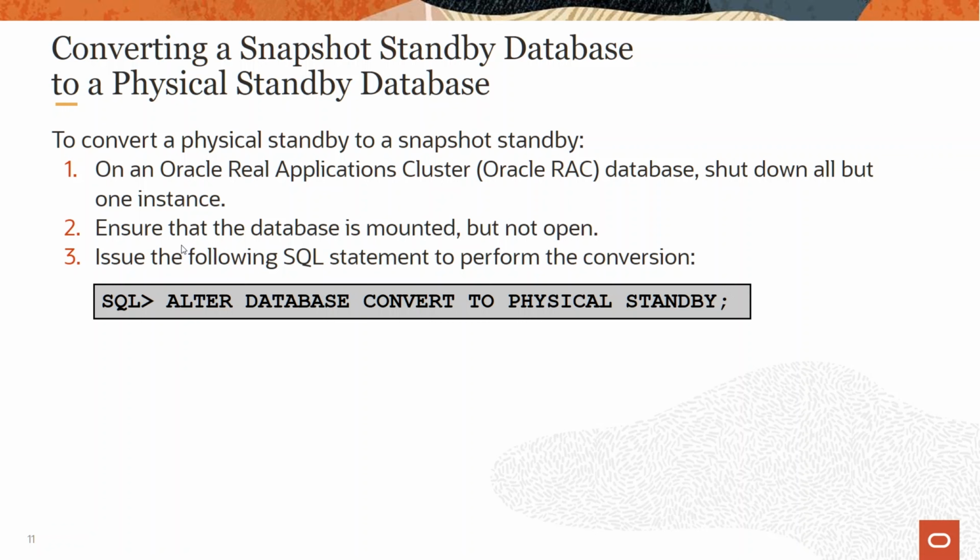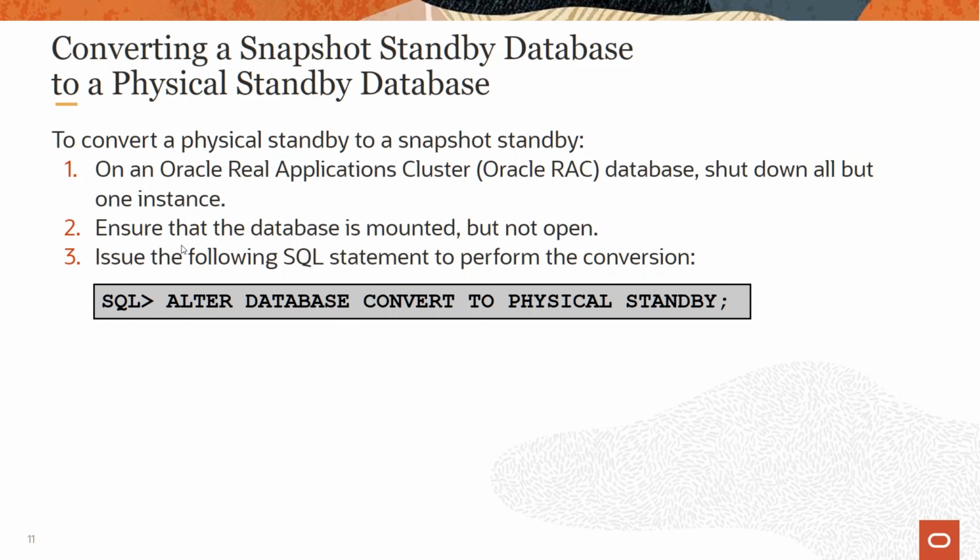A snapshot standby database can receive archived redo coming from the primary database. However, the redo cannot be applied because a snapshot standby database is fully updatable. It itself generates redo. And we can use this snapshot standby database for testing purposes.